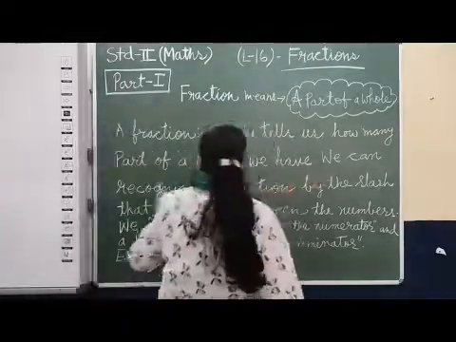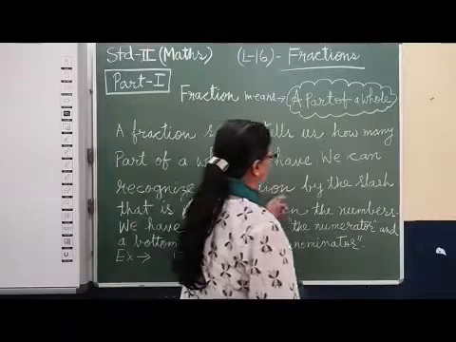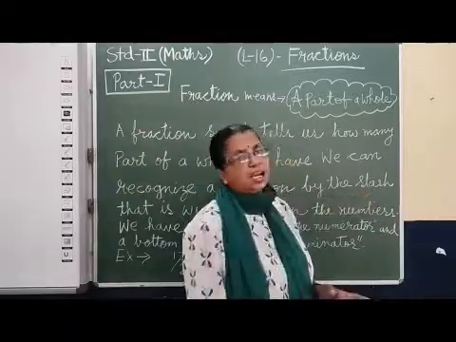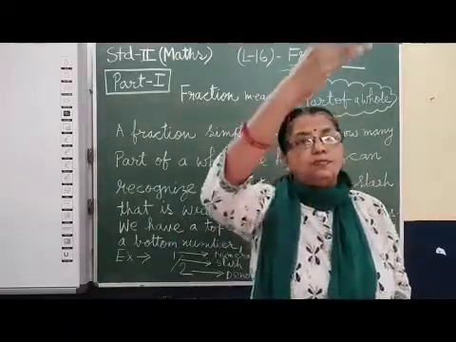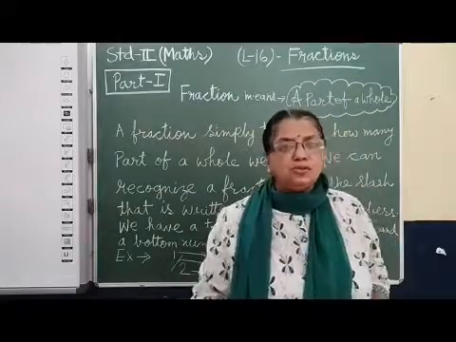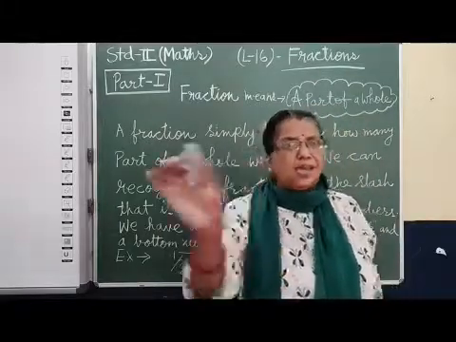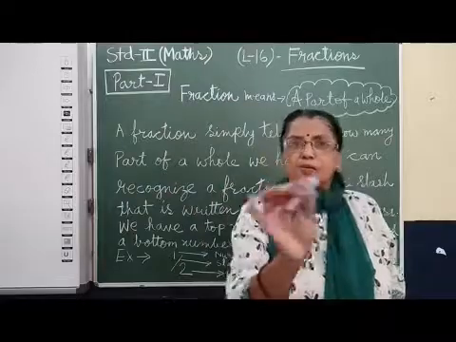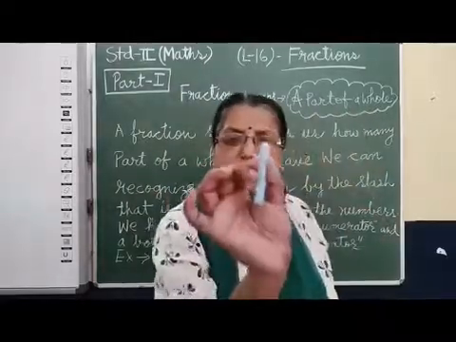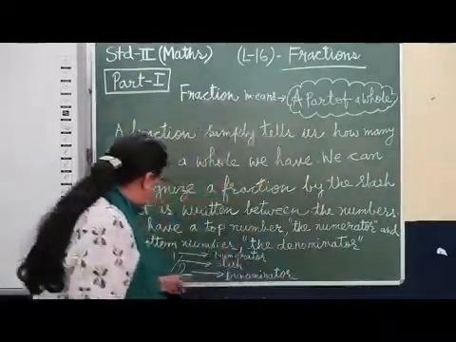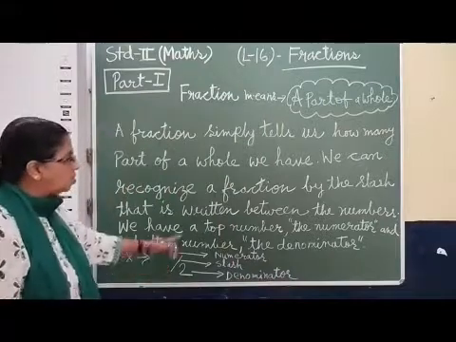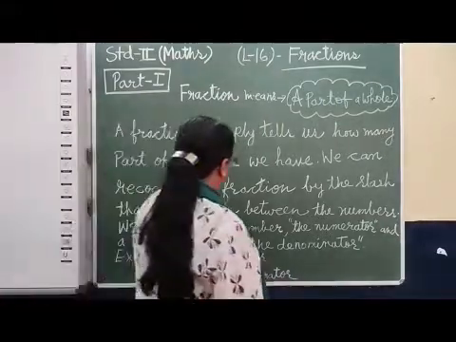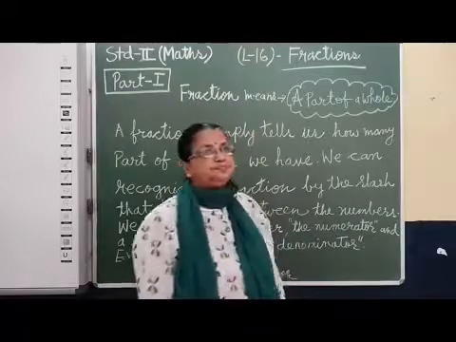We can recognize a fraction by the slash. What is a slash? We say 1 by 2, 1 by 4. This 'by' we can call a slash. I will show you here what a slash is. It is written between the numbers.